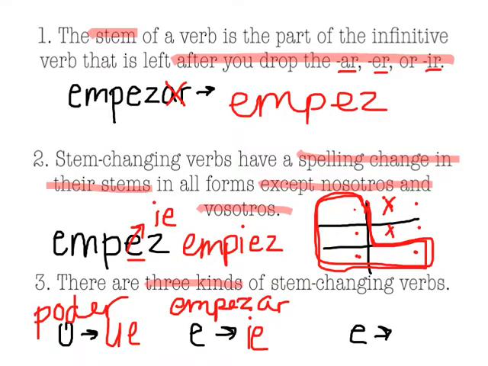Or the last main one is E to I, and that's like the verb pedir, to ask for, to order. So on the next couple of slides we're going to conjugate those 3 verbs, but please make sure that you already have this information copied down before you continue on.